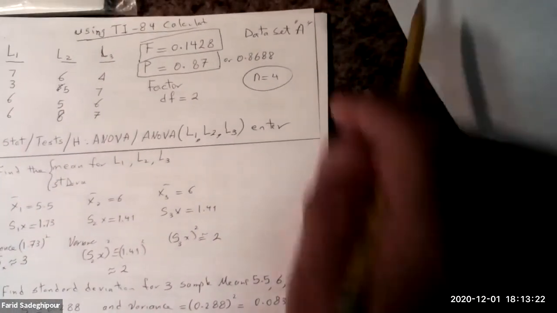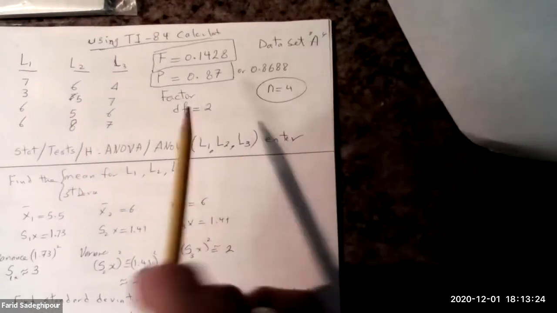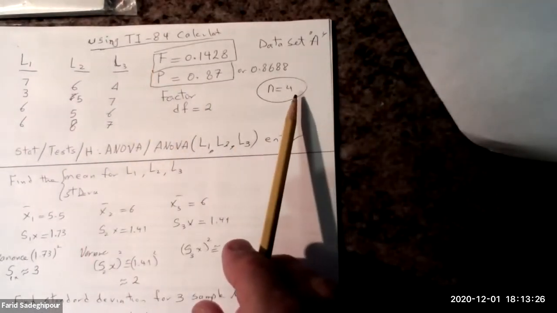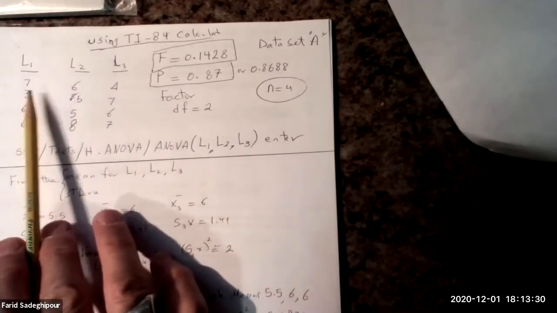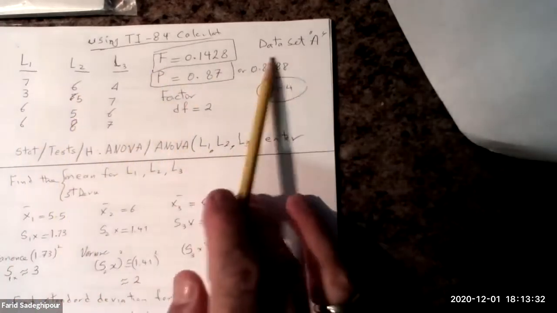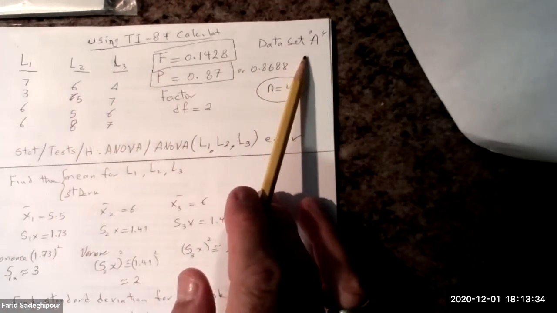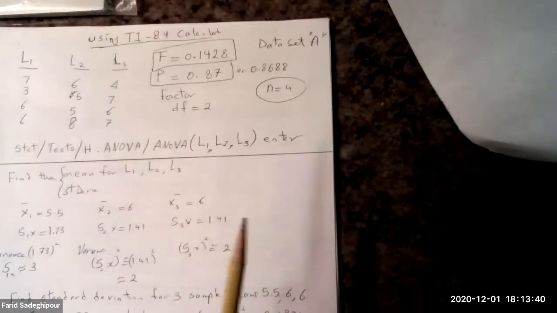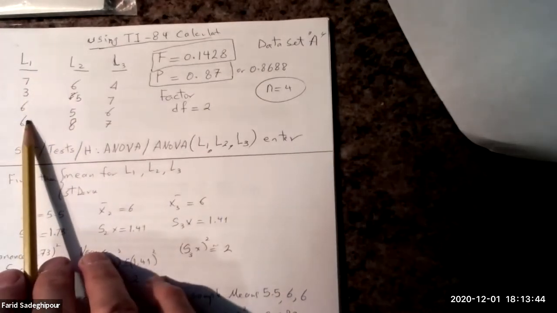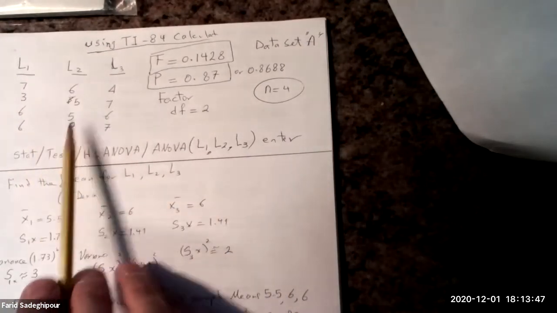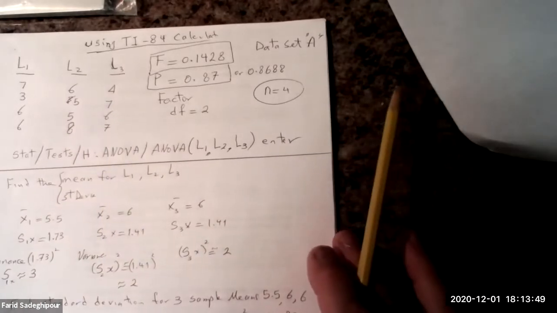First, the best way to do this problem is to use your calculator, okay? This is just for data set A. In data set A, you are dealing with 3 separate lists. So the first one we input into L1, this is L2, and this is L3.